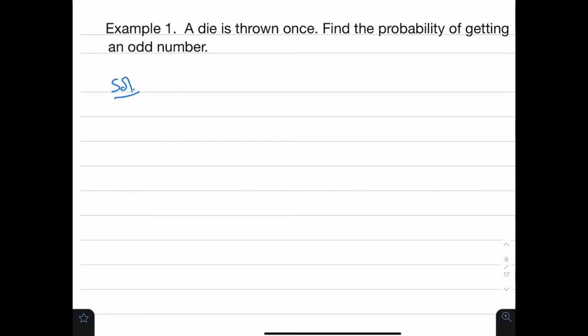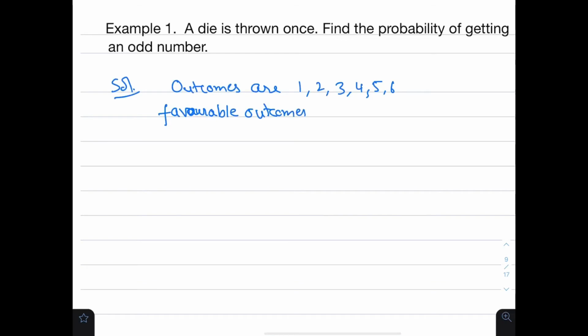When a die is thrown, its outcomes are 1, 2, 3, 4, 5 or 6, and favorable outcomes for the event odd number are 1, 3 and 5.